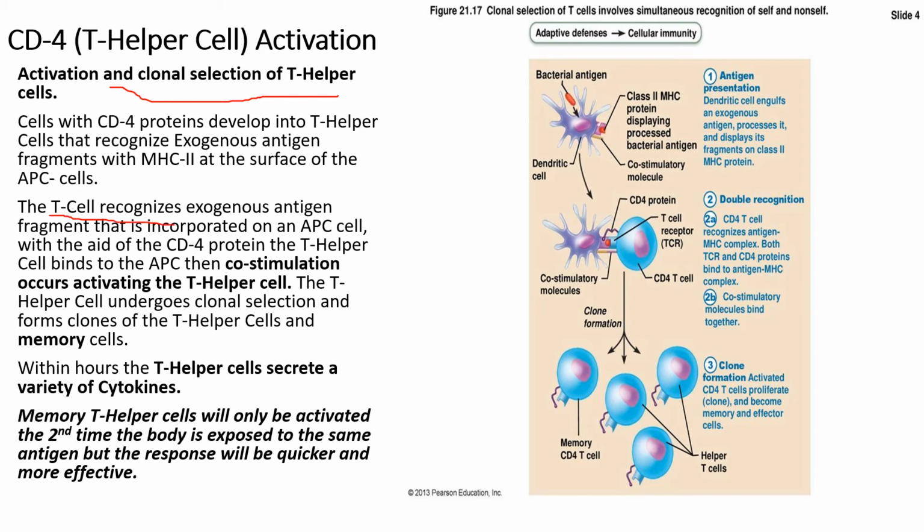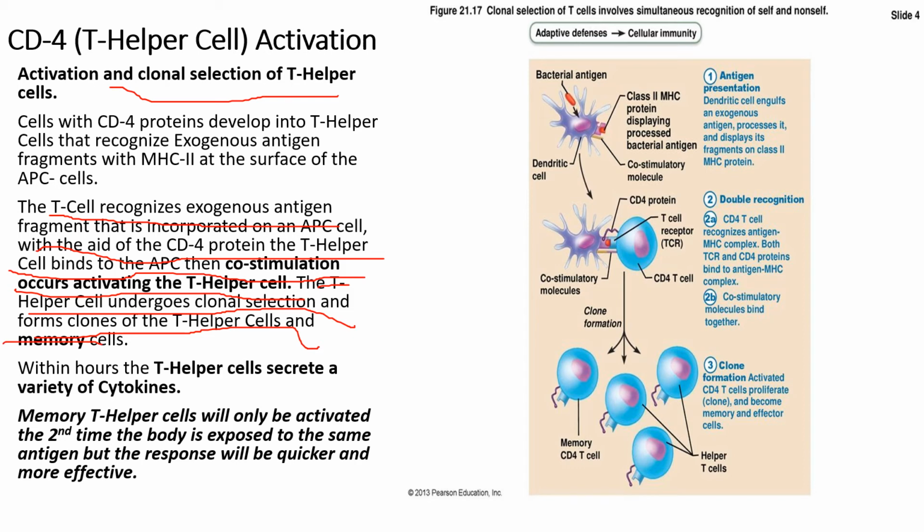The T cell recognizes exogenous antigens, a fragment that's incorporated on the APC cell, with the aid of the CD4 protein. The T helper cells bind to the APC. Co-stimulation occurs, activating the T helper cell. The T helper cell undergoes clonal selection and forms clones of the T helper cells and makes memory cells.